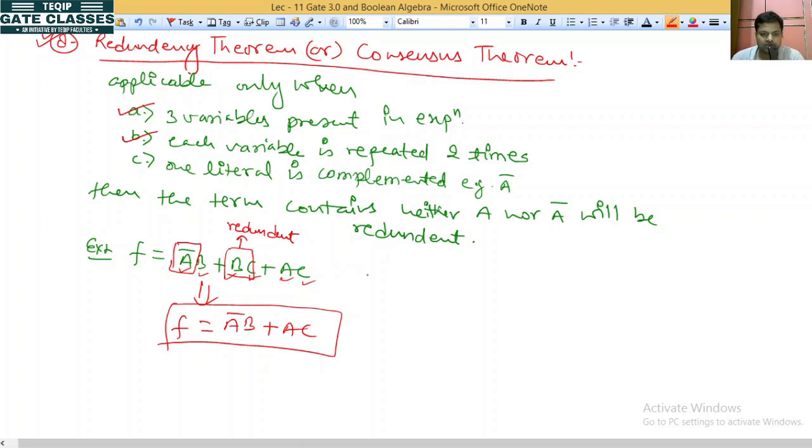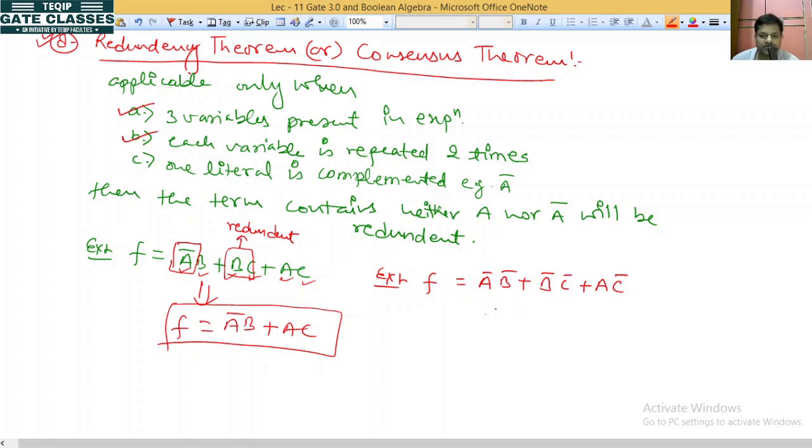Okay na? This is called as redundancy theorem or consensus theorem. The opposite form is also applicable. Opposite means, suppose one expression is like this: A bar B bar plus B bar C bar plus AC bar. Okay na? In that case also you can apply redundancy theorem or consensus theorem. So here we have three variables, the first one is true. In the second one, each variable is repeated two times, yes, it is also true.